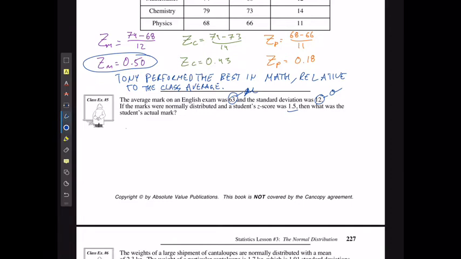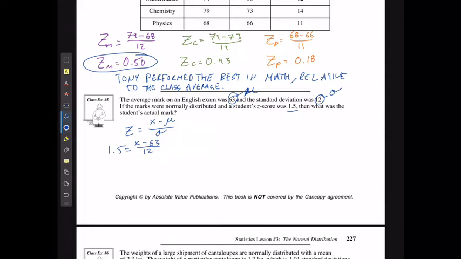We're going to say, well, if z is equal to x minus mu over sigma, then I'm going to substitute in the data that I know, and I'm going to say that the z-score, which was 1.5, is going to equal x, I don't know what the student's mark was, minus the average, 63, divided by the standard deviation of 12.